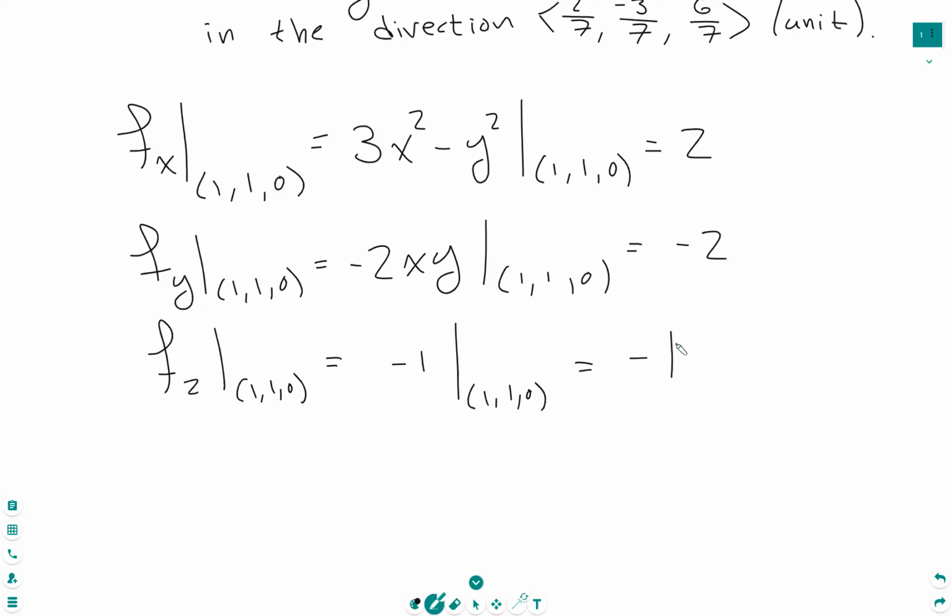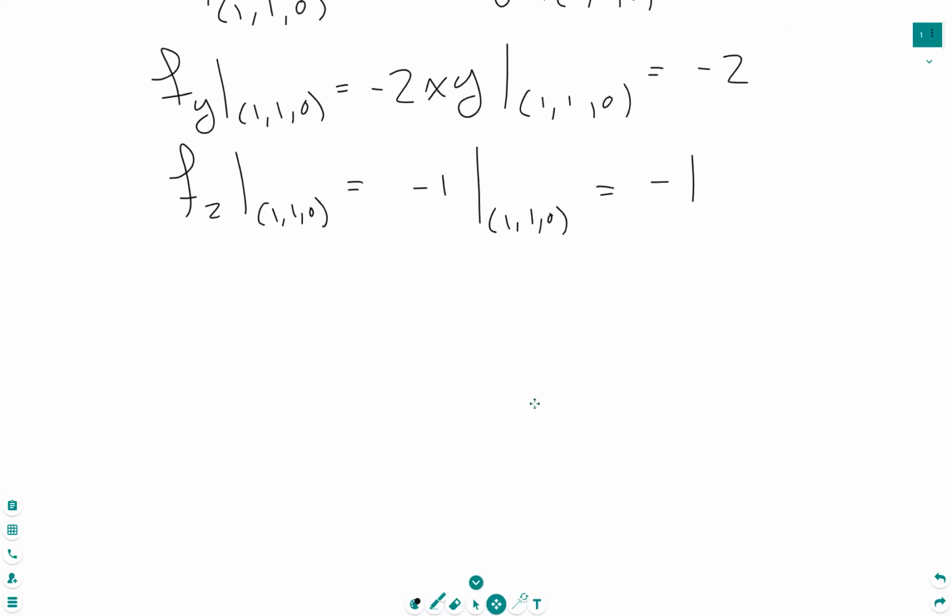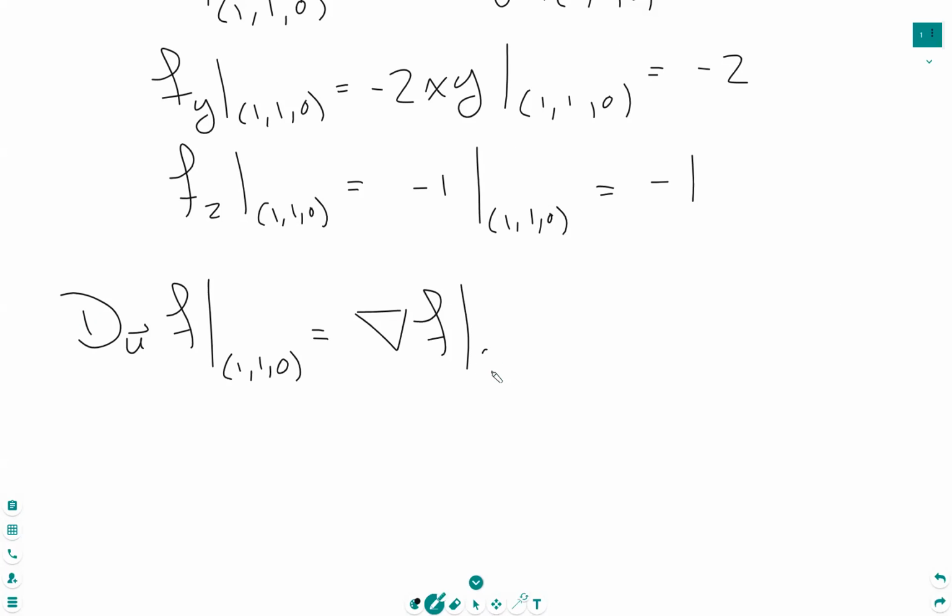So that means that our directional derivative of f at the point 1, 1, 0 is the gradient of f at this point dotted with our u vector.